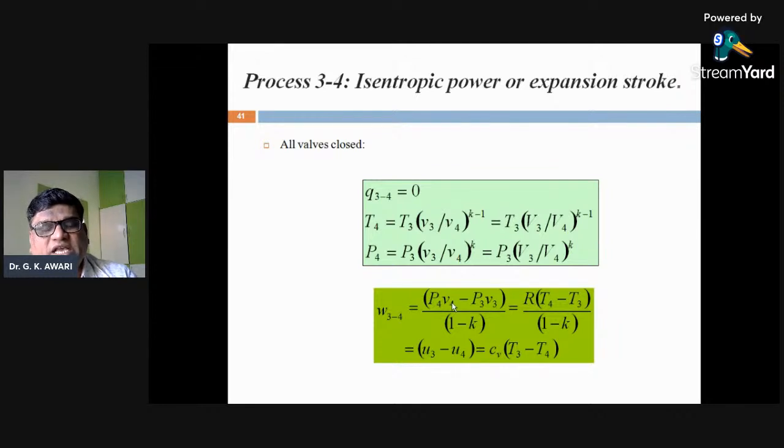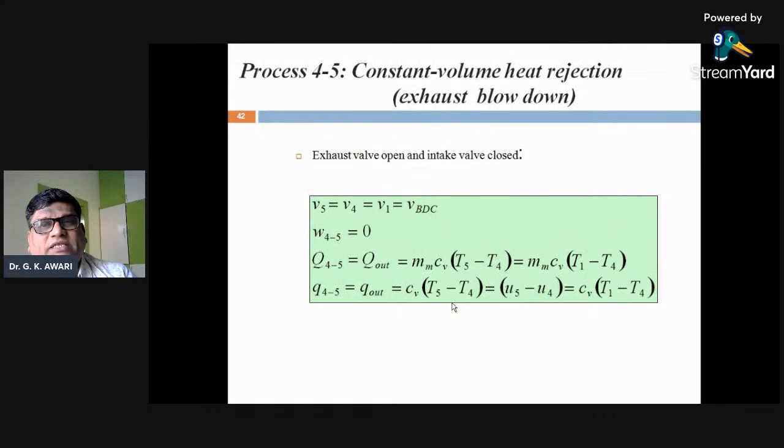So this is the equation for the work W in the power expansion stroke, that is CV into (T3 minus T4). Similarly, analyzing the constant volume heat rejection, that is the exhaust blowdown process. The exhaust valve opens and the intake valve is closed, so V5 is equal to V4 is equal to V1, which is VBDC.